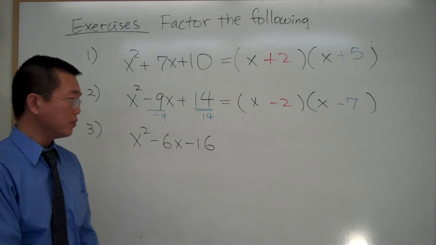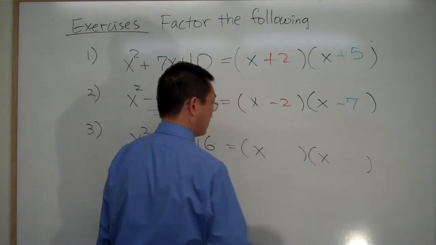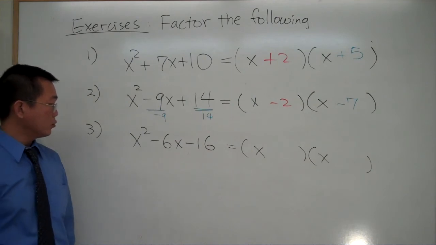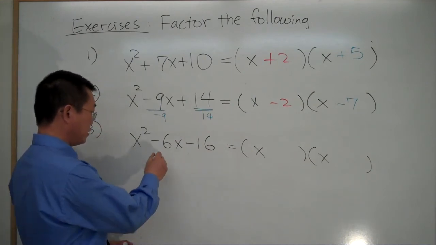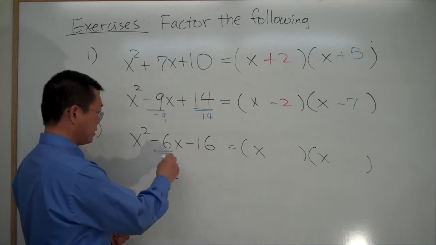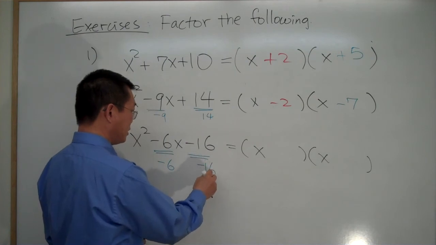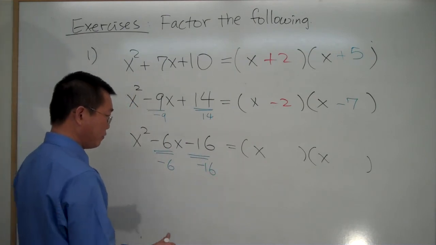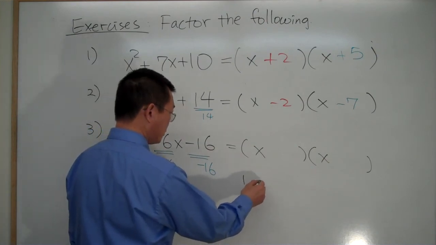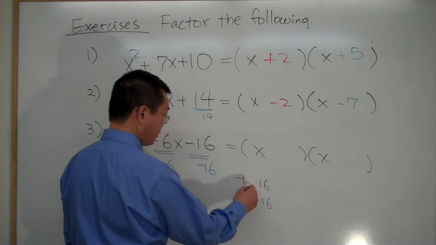Now the final example, x squared minus 6x minus 16. We look for 2 numbers. Their sum is -6 and their product is -16. Now to find 2 numbers that multiply to be -16, we've got a few choices. We've got 1 versus 16, one of them should carry a negative.